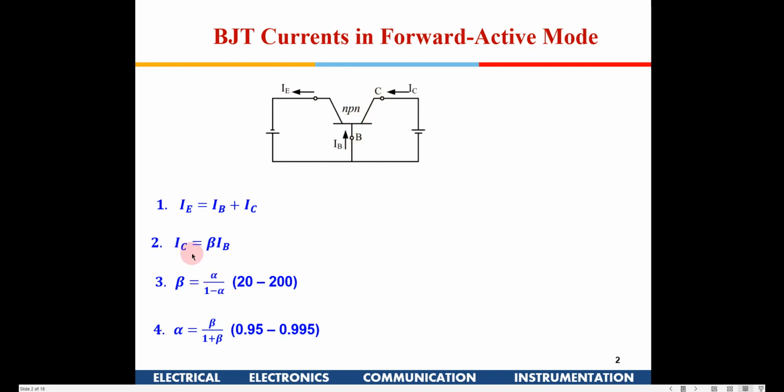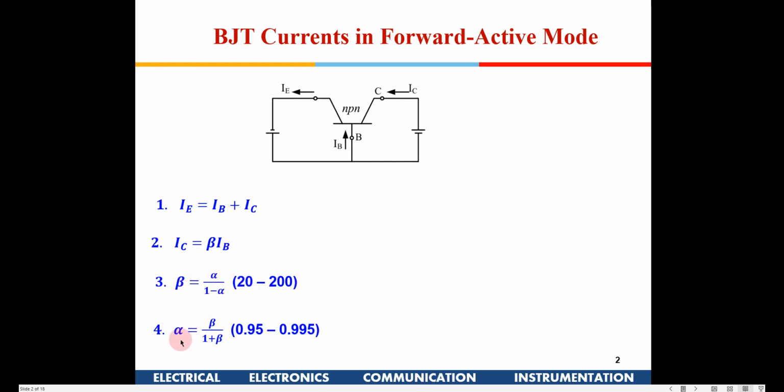The next equation is IC is equal to beta IB, and beta is of the order of 20 to 200. That means the collector current is multiple times the base current, of the order of 20 to 200 times. Beta is a parameter specific to the transistor, so every manufacturer would provide what beta is.